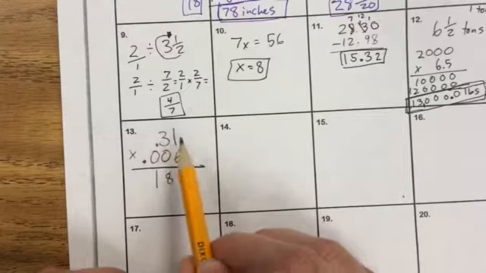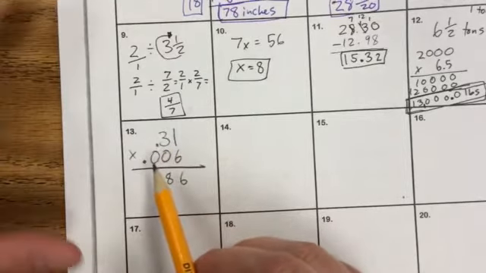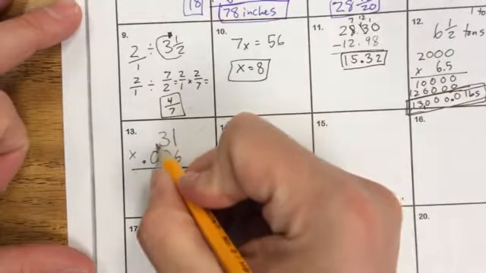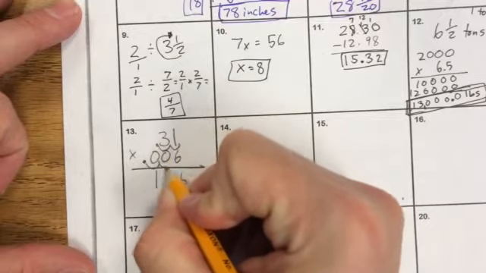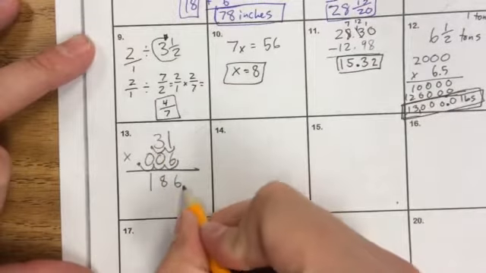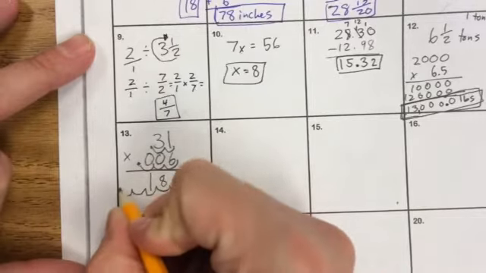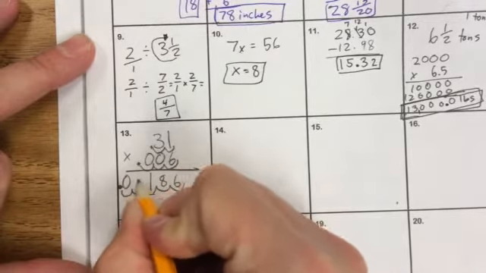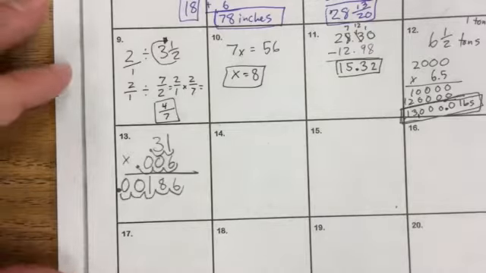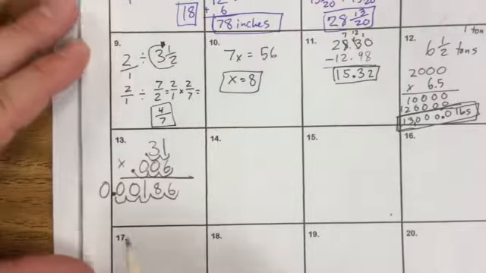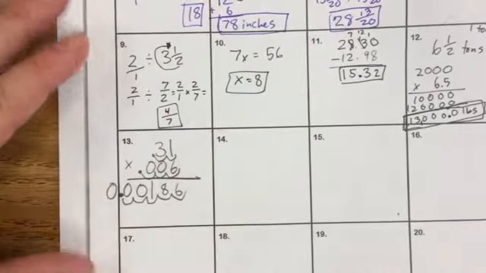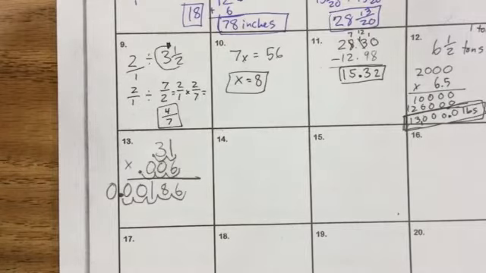I know that I have 5 decimal places in my problem, so I need to have 5 decimal places in my answer. So I'm going to go ahead and throw 2 more zeros on there. So we're going to end up with 186 100,000ths.